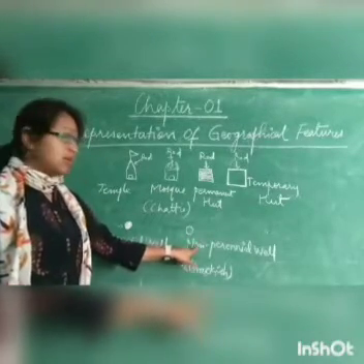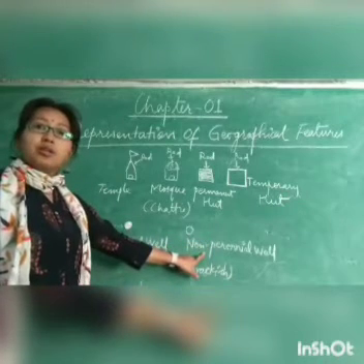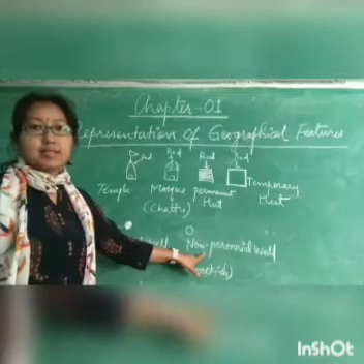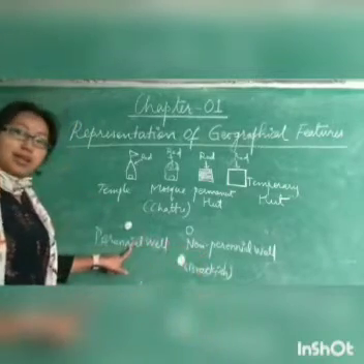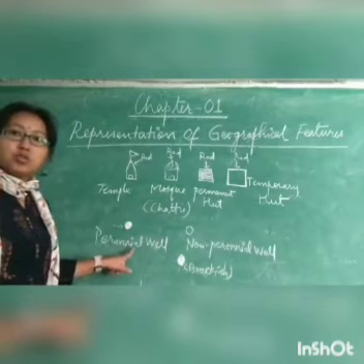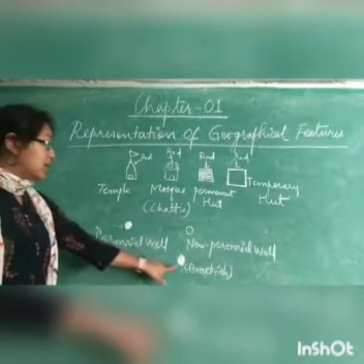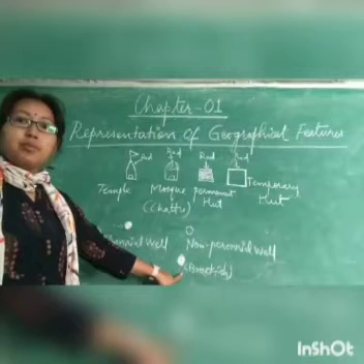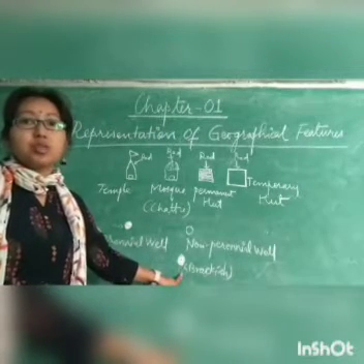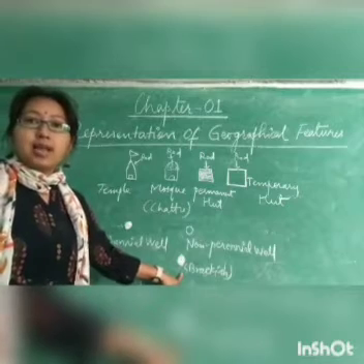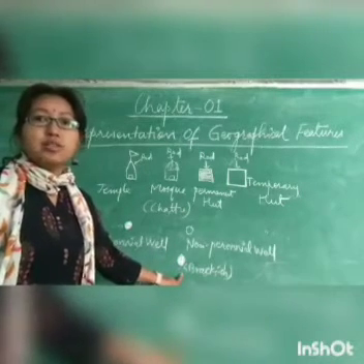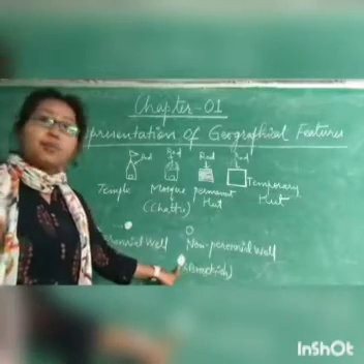Non-perennial well, the well which contains water during the monsoon season only, the rainy season only, right? Perennial, throughout the year there is presence of water. Now brackish is what? Brackish is well water which contains a high concentration of salt and minerals, which is not fit for drinking. So that's your brackish.